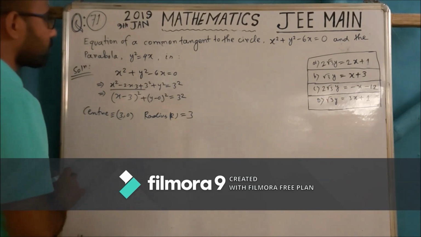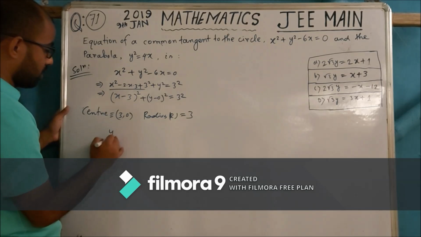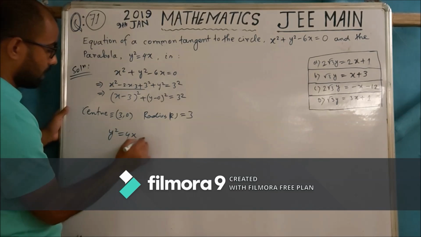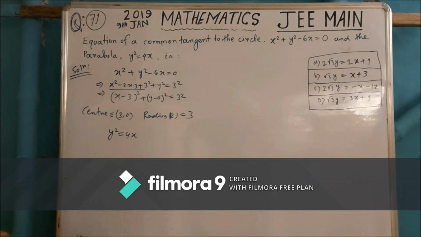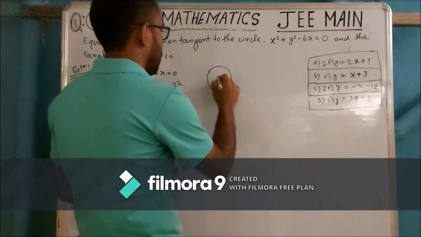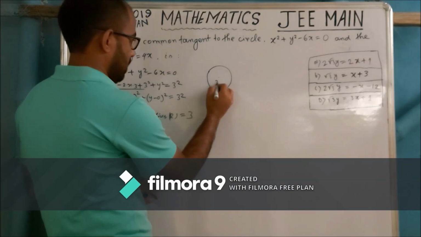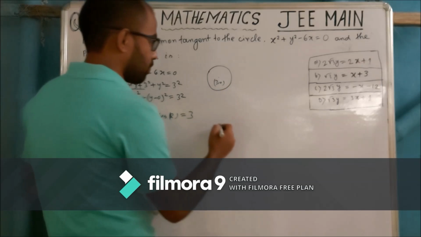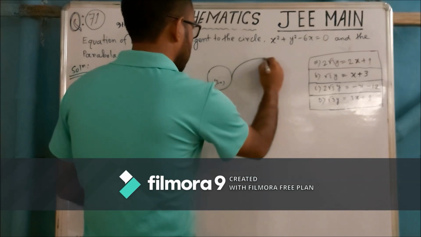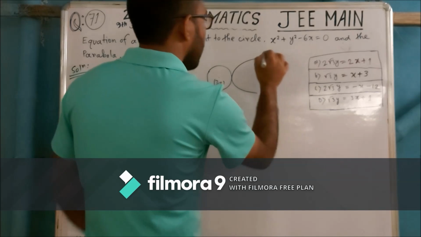Next, we also write the equation of the parabola, y square equal to 4x. First, we draw a curve. This is the equation of the circle whose center is (3, 0), and suppose this is the equation of the parabola y square equal to 4x.